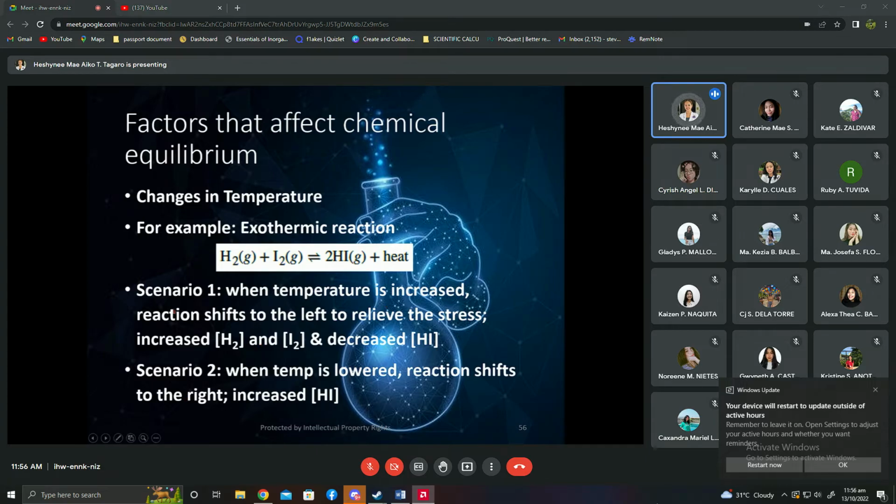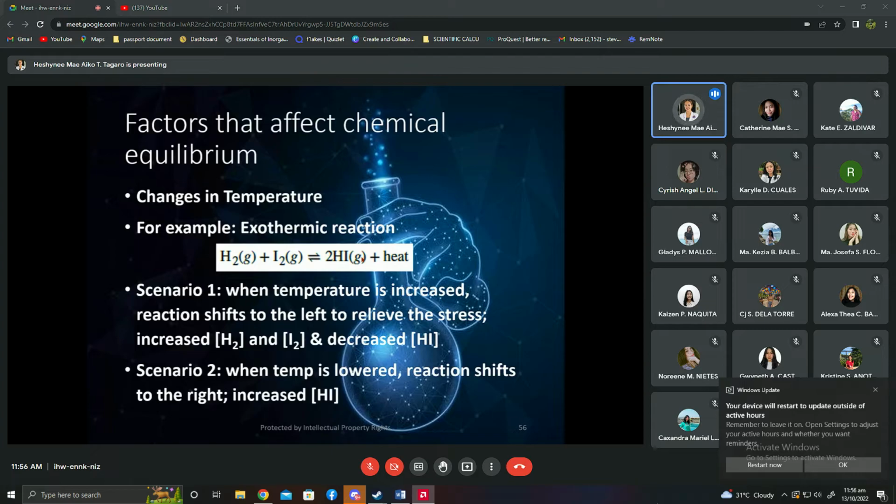We have two scenarios here. What happens when we increase the temperature in an exothermic reaction? Because identifying kung endothermic siya or exothermic siya, mabalaan natin if which side of the equation ma-shift ang aton na equilibrium mixture.